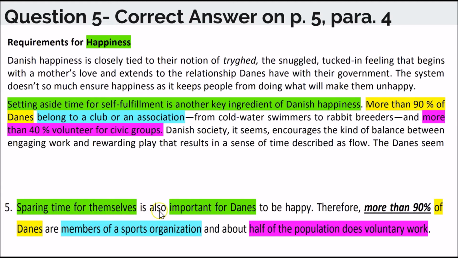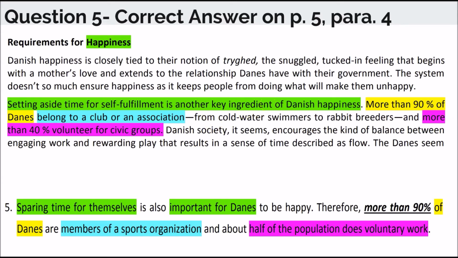Sparing time for themselves is also important for Danes to be happy. So to be happy or self-fulfillment can be seen as synonymous, and instead of sparing time for themselves, they said in the paragraph, setting aside time, right? So instead of important for Danes, we say key ingredient, right?